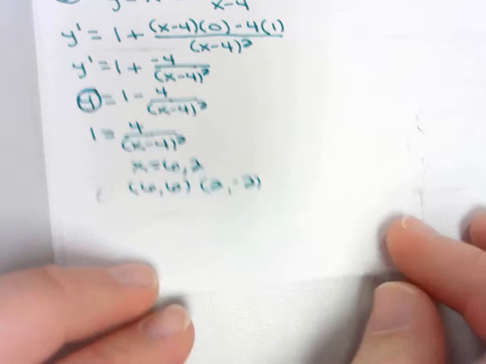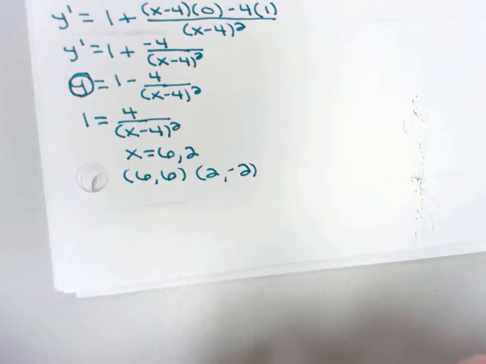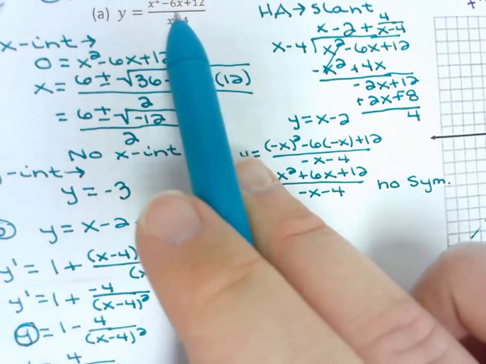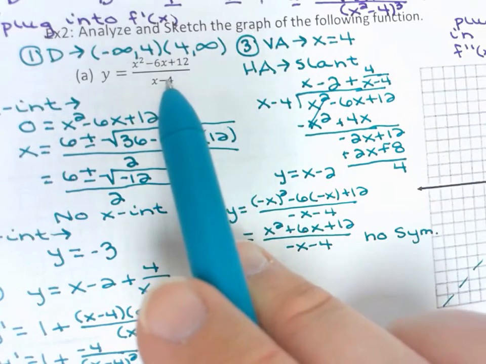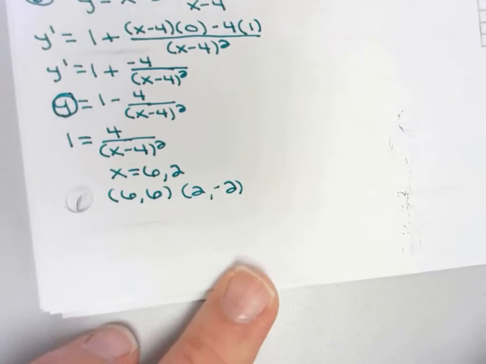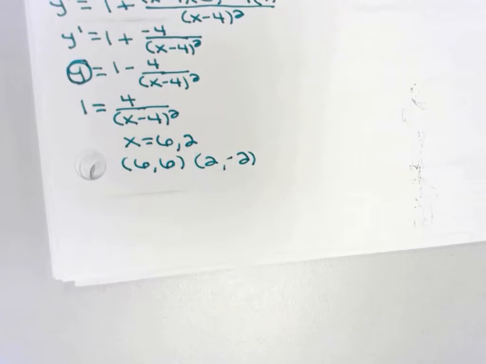Sorry, 2, negative 2. Is that right? Yeah. Okay, we got that. I got negative 1 for some reason, but I think I did it wrong. Did anyone else get negative 2? Okay, we'll say it's negative 2. Okay, those are my critical points.